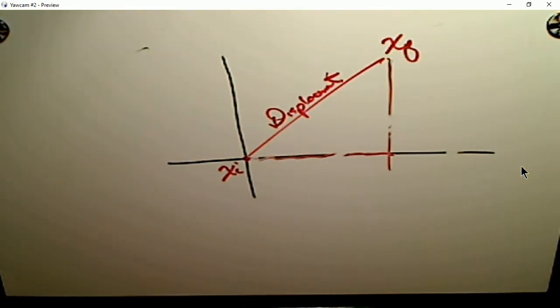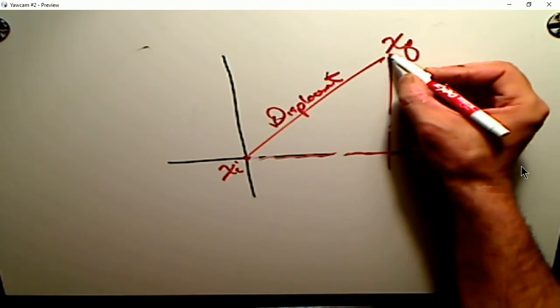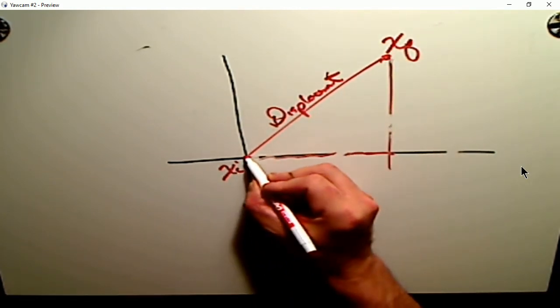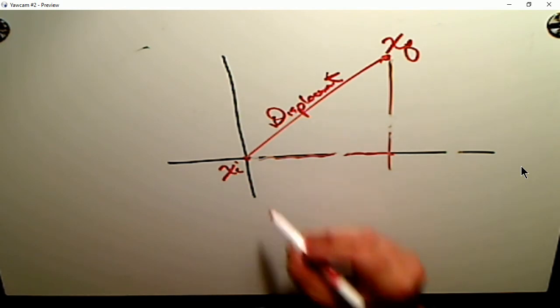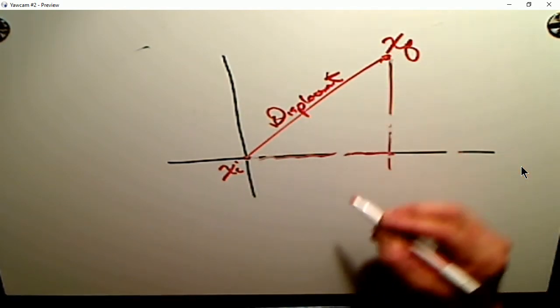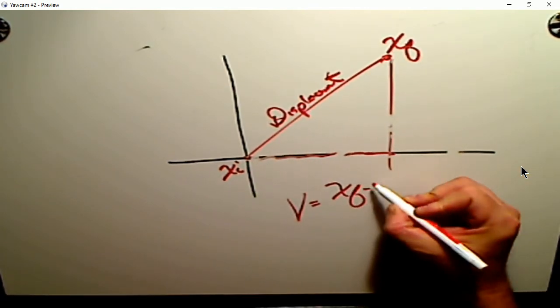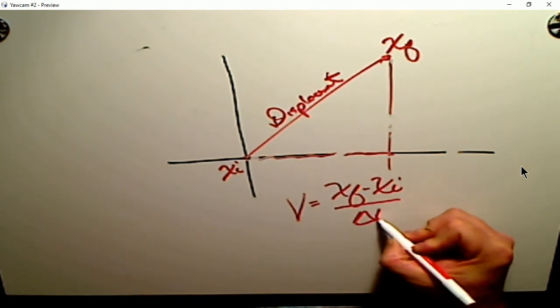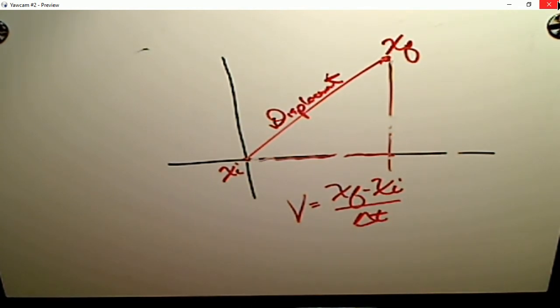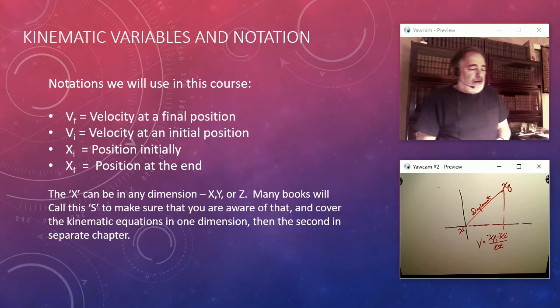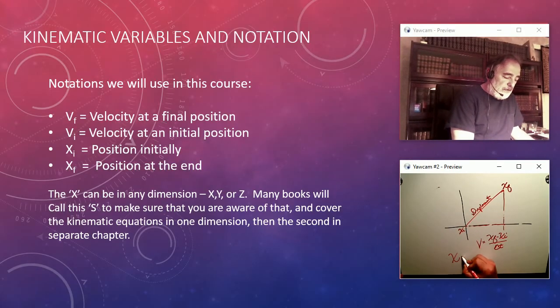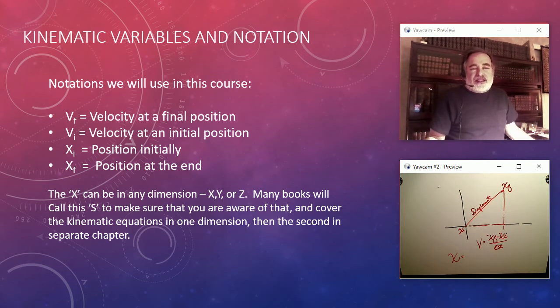So how long I took to make that trek would give me my average velocity, x final minus x initial over change in time. Now, as I said, I'm using x here, of course, but some of the books use s in terms of what displacement is. I use X for any dimension, whether it be X, Y, or Z.